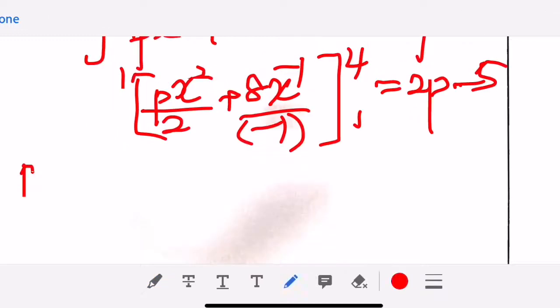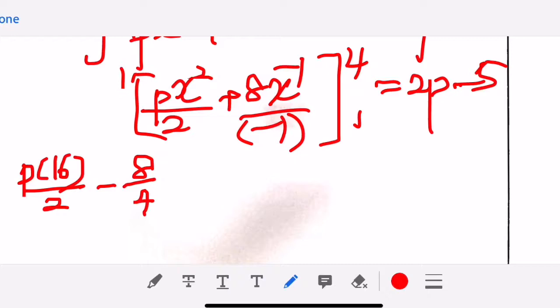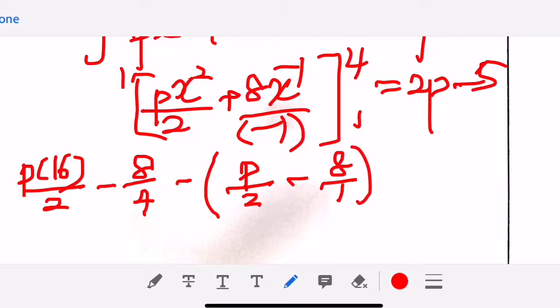Then you start to integrate. So it becomes px^(1+1), which is 2, over 2, plus 8x^(-2+1), so negative 1 over negative 1. Then you substitute the limits into the integral. After you substitute the upper limit, you minus the lower limit.